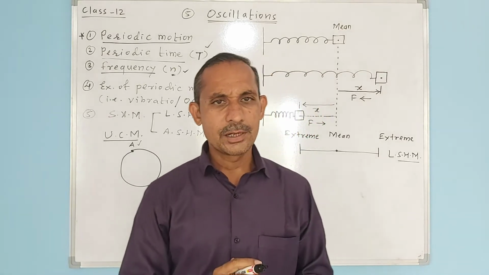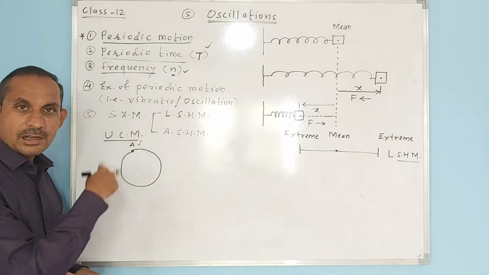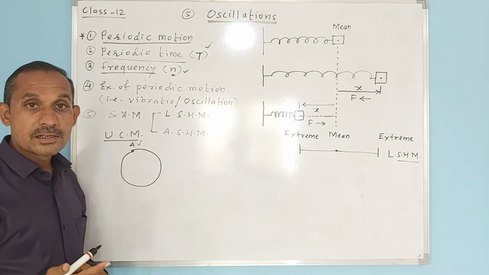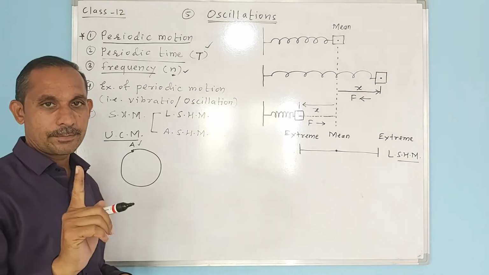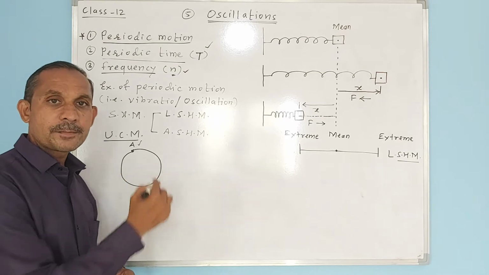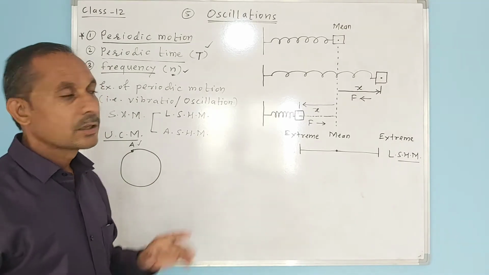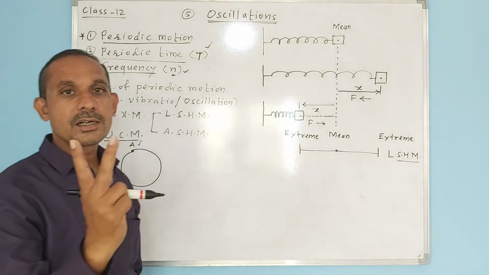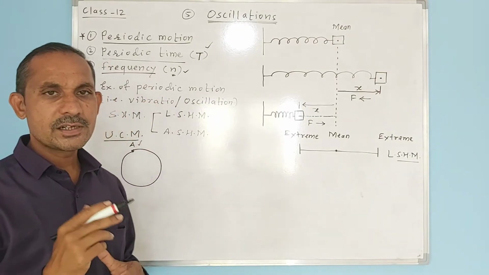For example, suppose this body performing circular motion completes 2 sets of circular motions in unit time. This means we can say the frequency is 2.